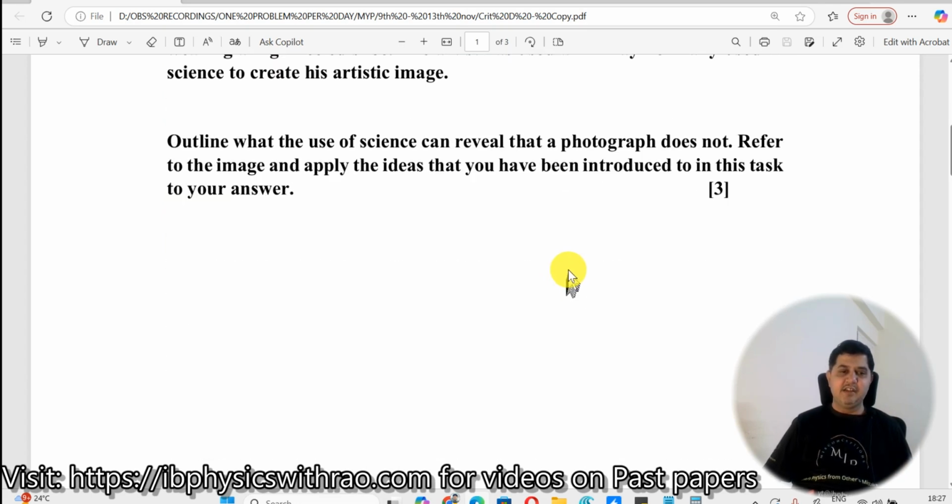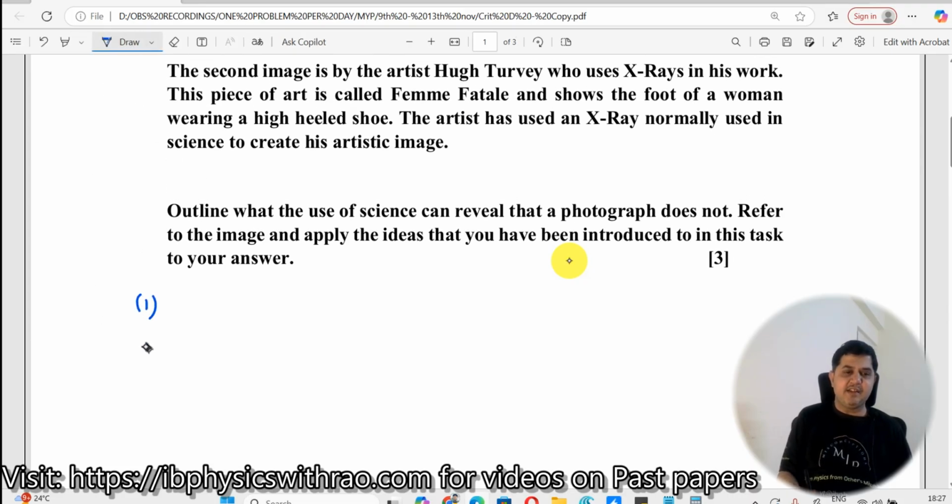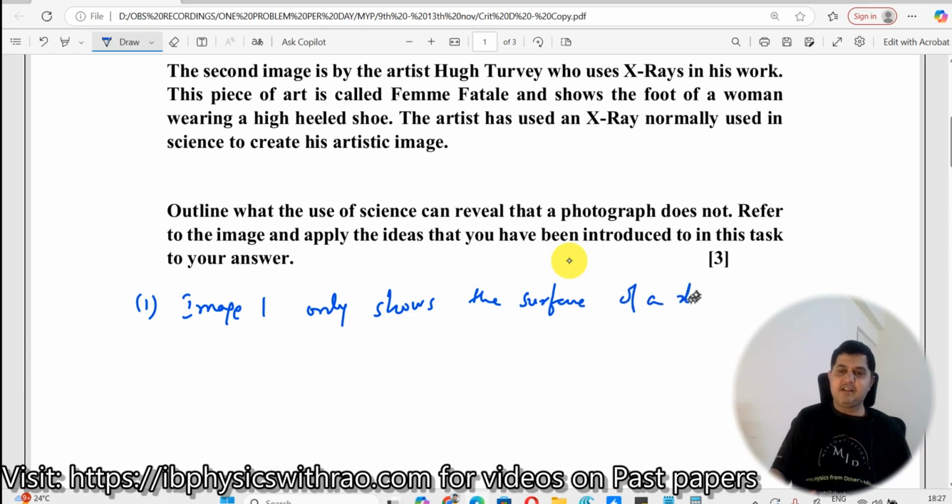That's the question. The first mark that I can give here is something like, you can say the image one only shows the surface of a leg from the reflected light.